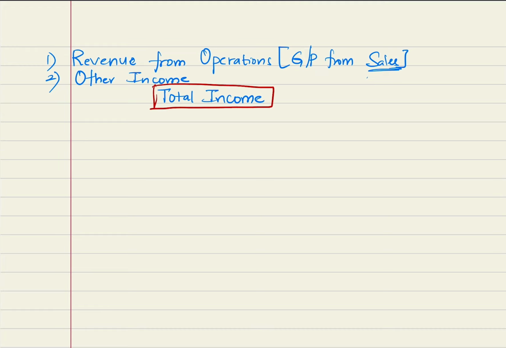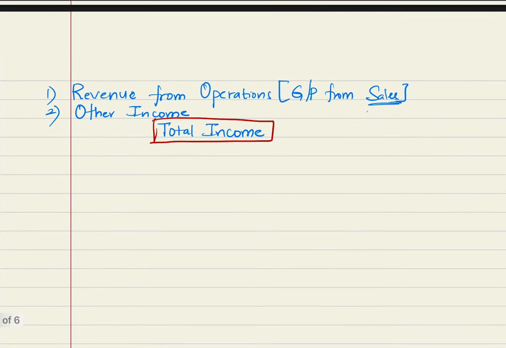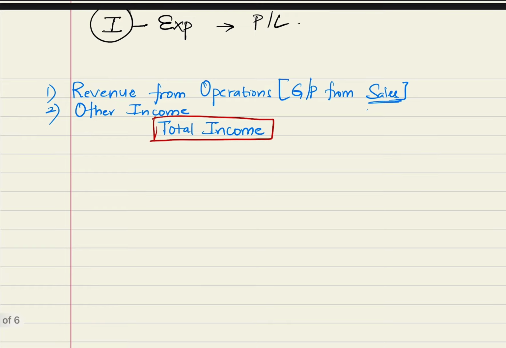So I have just expanded the formula here. Our formula was income minus expense will give us profit or loss. I have expanded income here. We will see the expansion of expense.